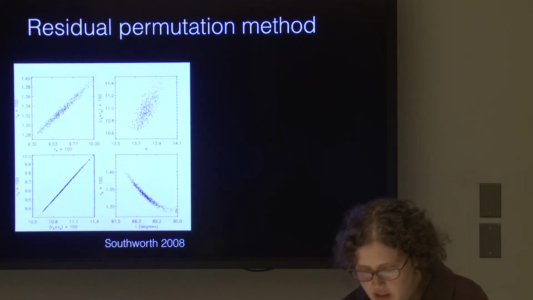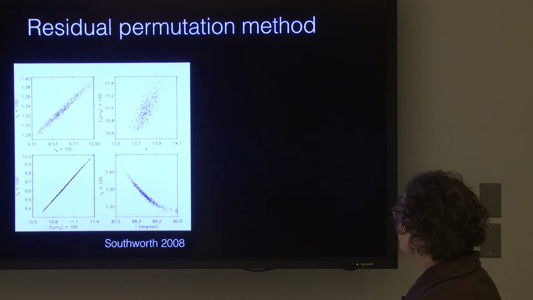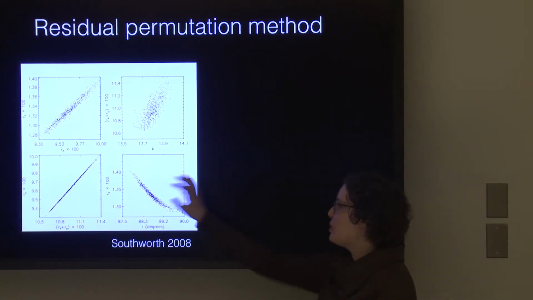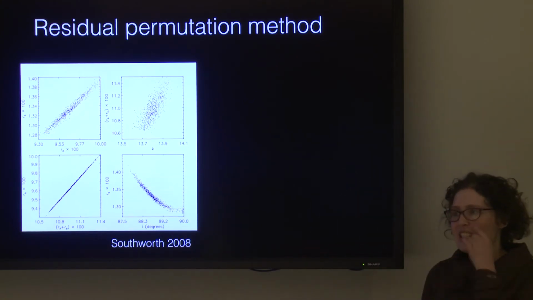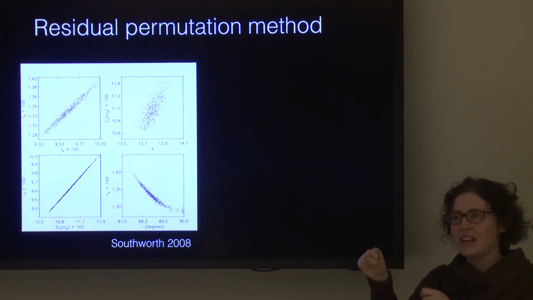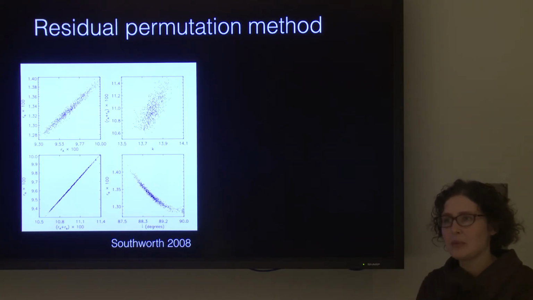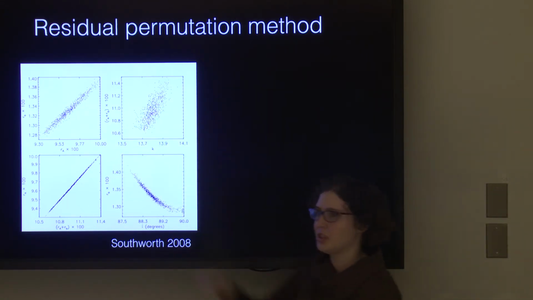Sometimes people used the residual permutation method. These are sort of like fake posterior distributions of different planet parameters, where they had a best fit model, subtracted it off their data set, then scrambled the residuals, added them back in, fitted again, scrambled it, fitted again, and that's how they got this fake posterior distribution.